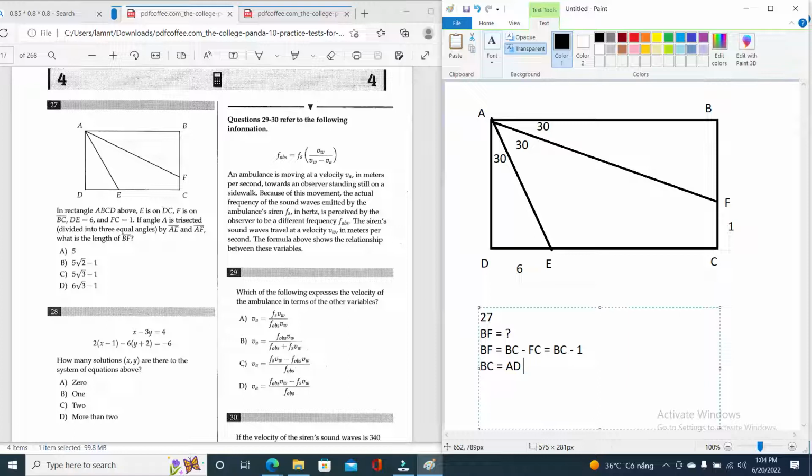So AD, so in triangle ADE, the angle at D is 30 degrees. So AD is going to be equal to DE times cotangent of 30 degrees, right?